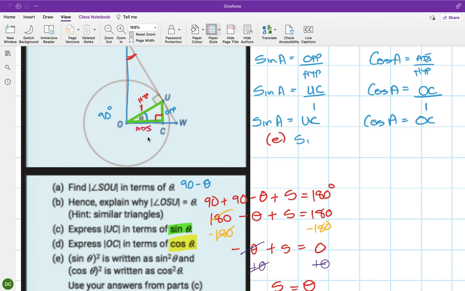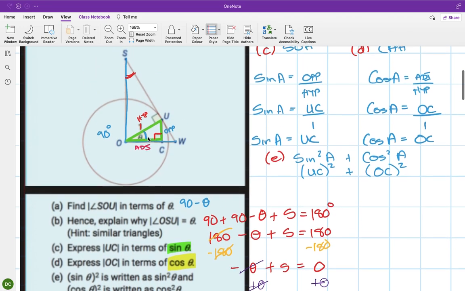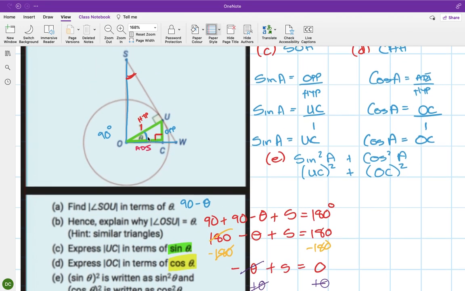Sine squared A plus cos squared A is going to be UC squared plus OC squared.